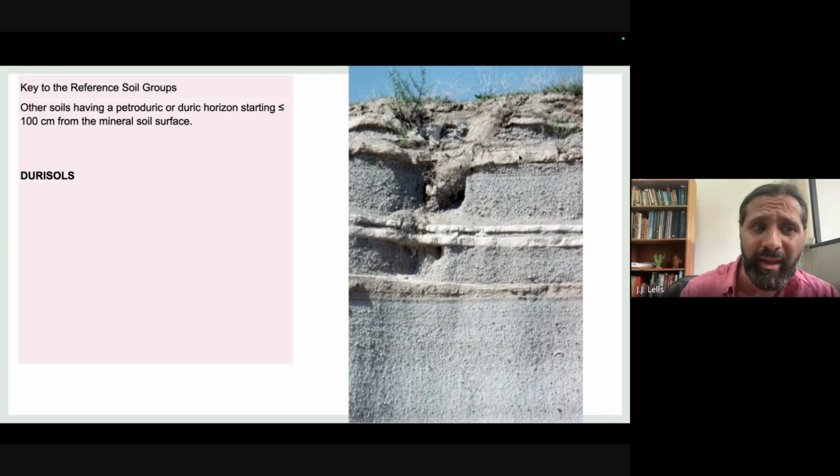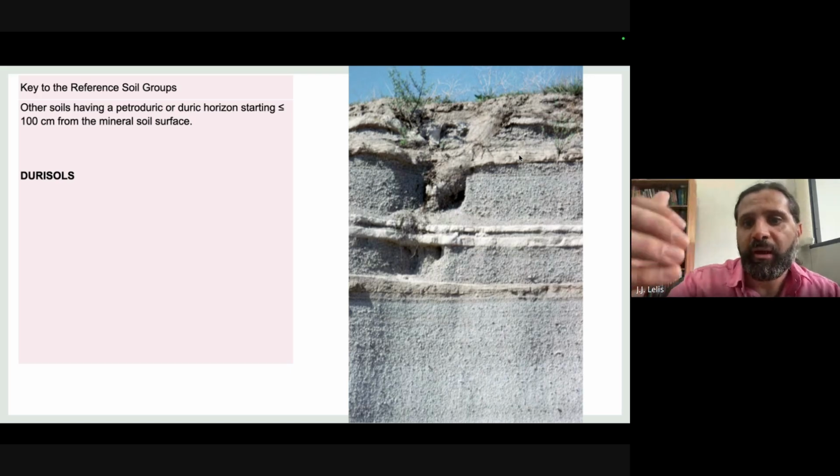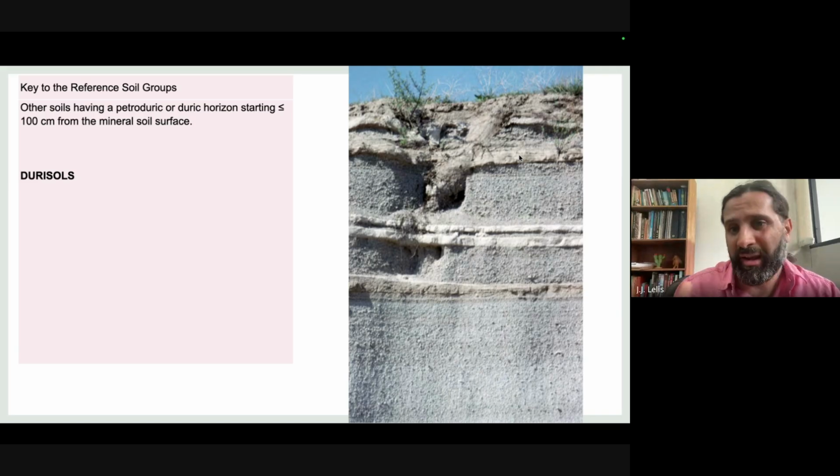Of course, as I said, it's quite common to find these soils in arid and semi-arid regions because they are much more common in dry lands, in areas that have a high pH close to the surface. This high pH was induced by precipitation of salts, and because of this high pH, we have some dissolution of some silicate minerals and migration of silicon until you find an acid or less alkaline horizon that induces the precipitation of this secondary silica.